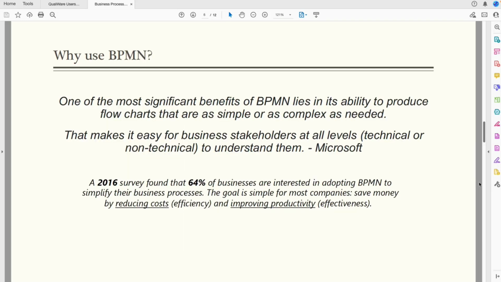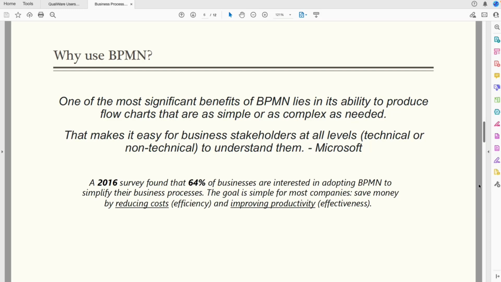So why do we want to use BPMN? Well, one of the most significant benefits of BPMN lies in its ability to produce flowcharts that are as simple or as complex as needed. Now, simple or as complex as needed doesn't mean that we're trying to use every shape or object in the BPMN toolbox to make a very complex diagram.